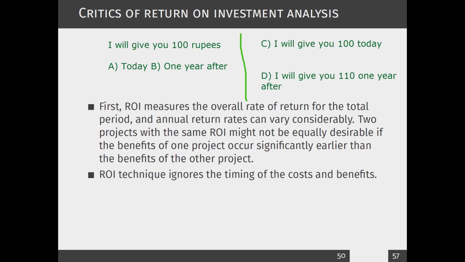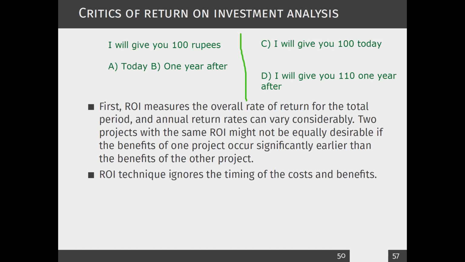Now, the question is the value of money. When you say 100 rupees today, is that the same value, 100, after 1 year's time? So that was the question, right? Pasindu is also saying A and C. I hope you got my point, right?